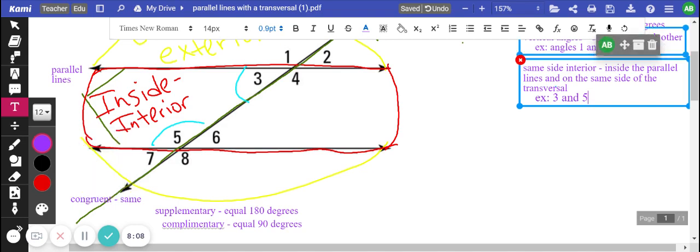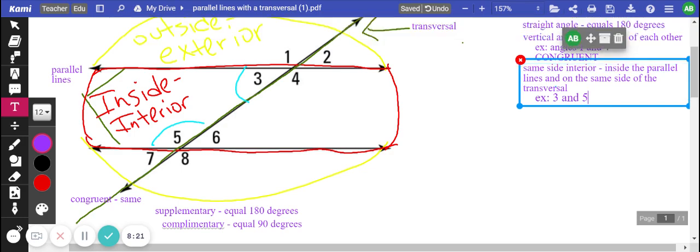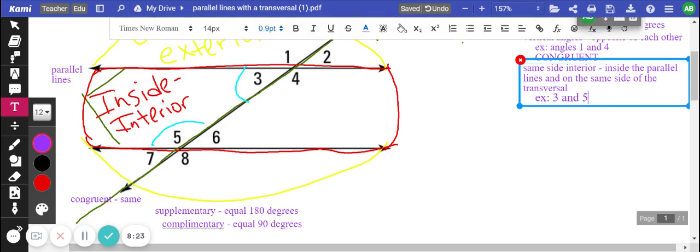Sorry, I should add up here that the angles 1 and 4 are congruent, which means they are the same as. Now back to the same side interior, it's important to know that these angles are supplementary. So what does supplementary mean?